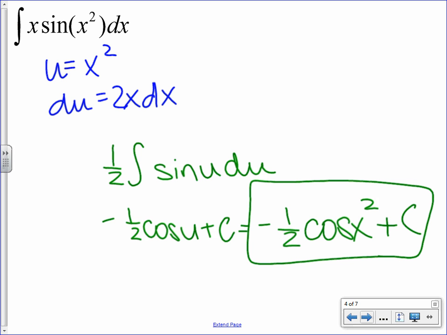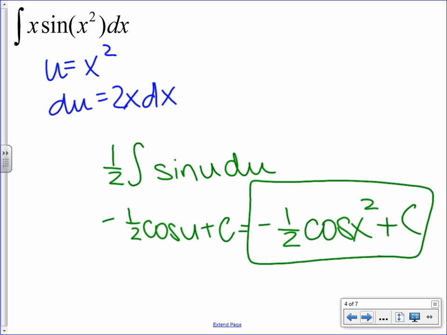Okay. Now, every single substitution problem that I have given you has worked out quite conveniently, where if we let u be x squared, there is some sort of x, right? If we let u be x cubed, there is some sort of x squared involved. Now, what can happen is if we have a linear substitution.